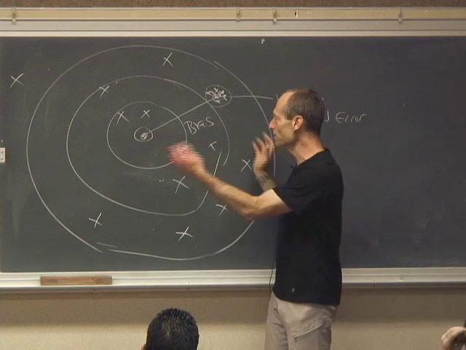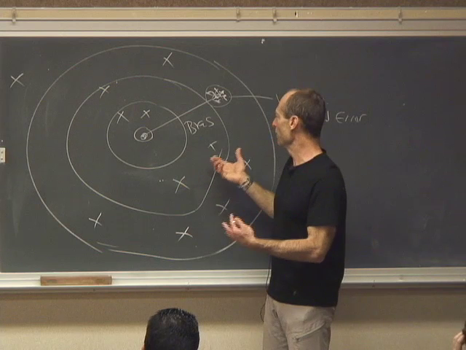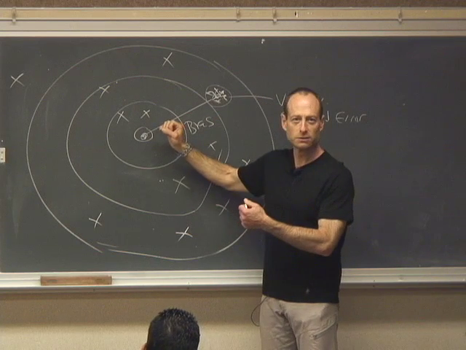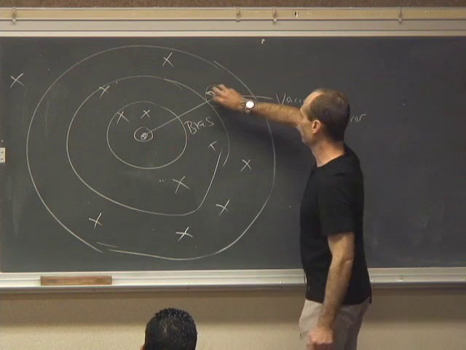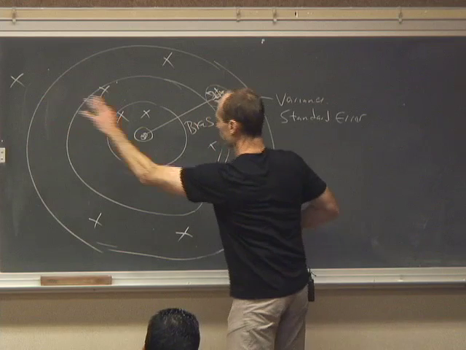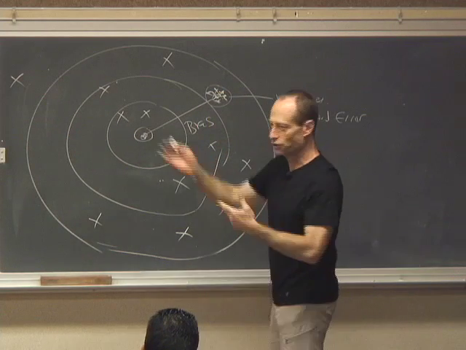One is sort of an intrinsic inaccuracy in the process. It's not repeatable. And the other is it's repeatable, but it's off from the mark. Okay, so in this example, you have low standard error, big bias. In this example, you've got low bias, big standard error. And they both correspond to large mean squared error.